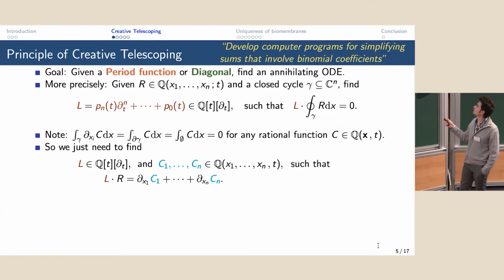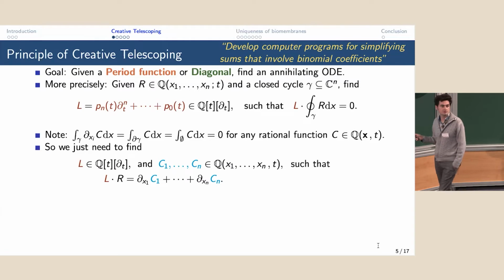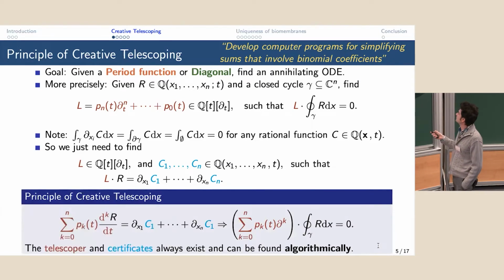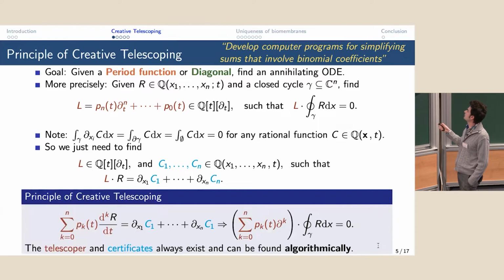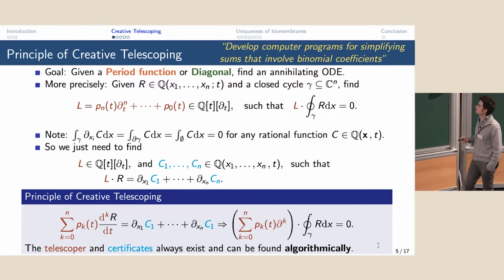So I recall we want to integrate the rational function, and we want to write this rational function, so some operator applied to it, as the sum of derivatives, more or less, with respect to different variables. Then this operator will be exactly the annihilating operator for the integration cycle, because the derivatives vanish after integrating.